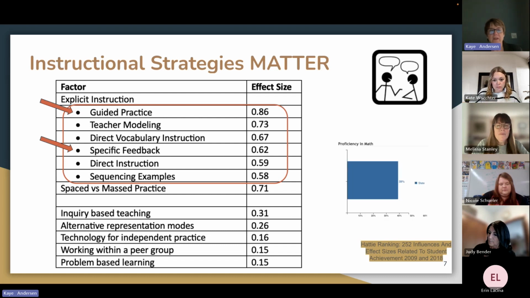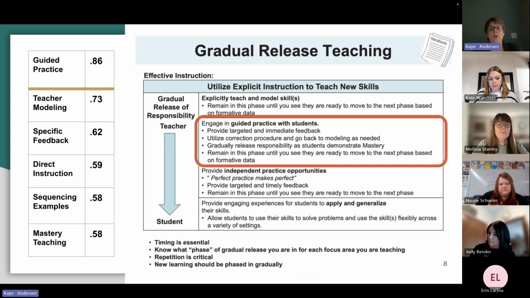More specifically, in the guided practice, we're in the area of the second step. If we have explicitly taught the skill, worked on acquisition, gone through our examples and done our teacher modeling, as we move into guided practice with the students, how are we going to get the output from them?